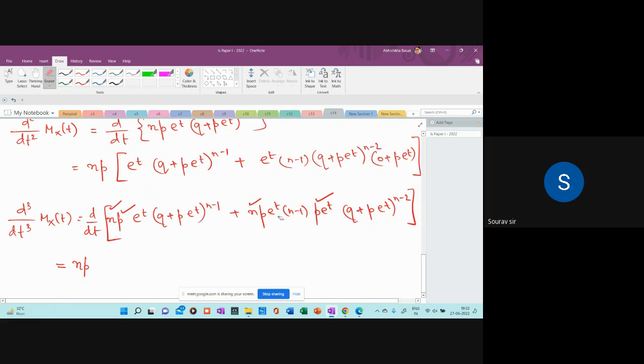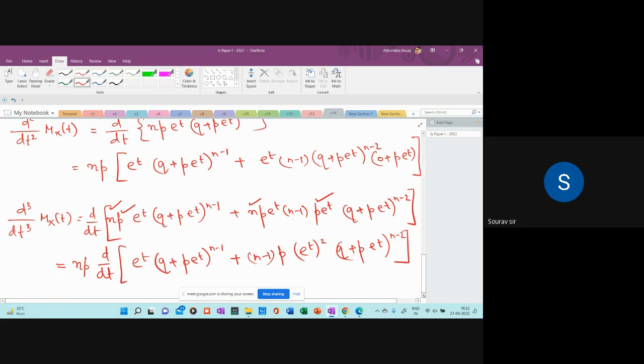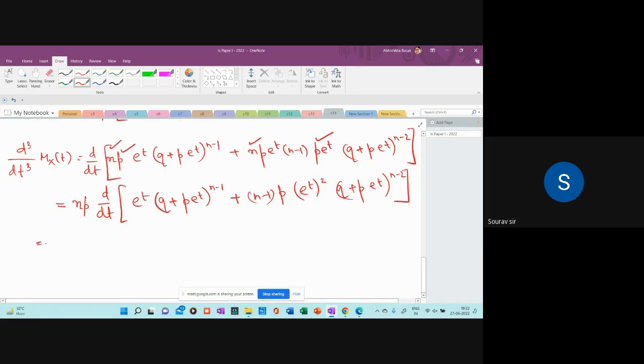So np we can take common from both the terms, so what remains inside is d/dt of basically e to the power t (q plus p into e to the power t) whole to the power n minus 1 plus 1 np remains common, so 1p still left inside, so (n minus 1) into (p e to the power t) whole square (q plus p into e to the power t) whole to the power n minus 2. Now going to do the derivative directly.